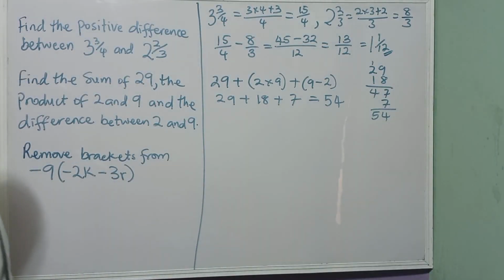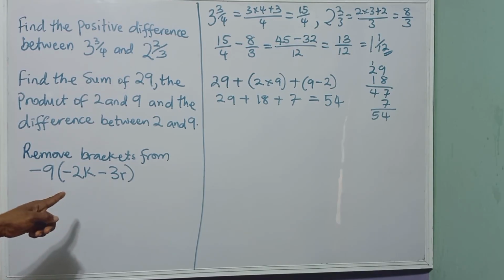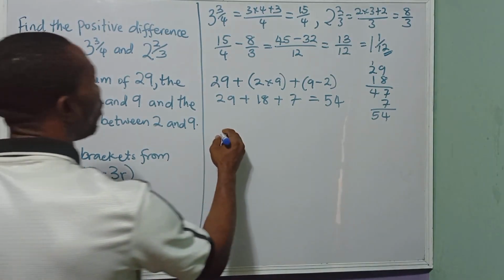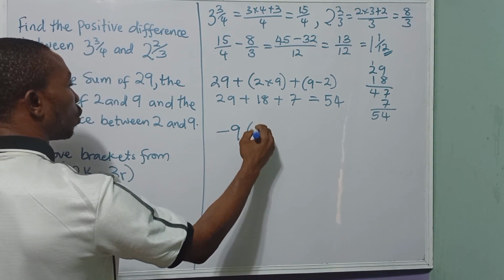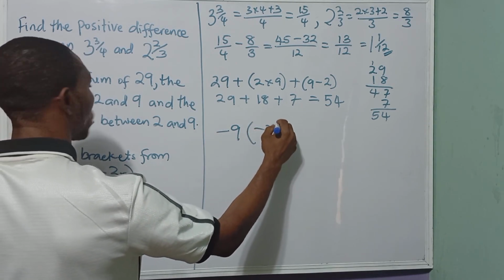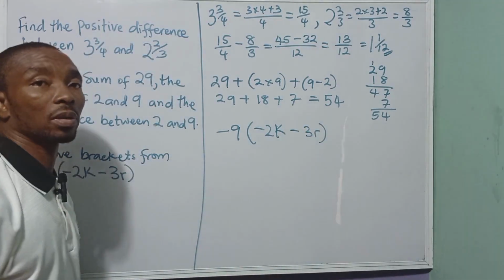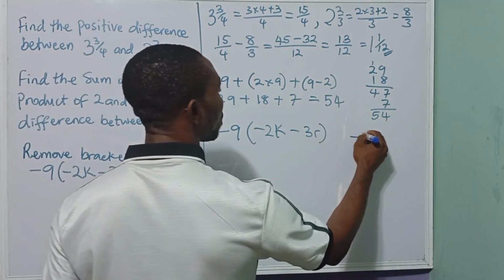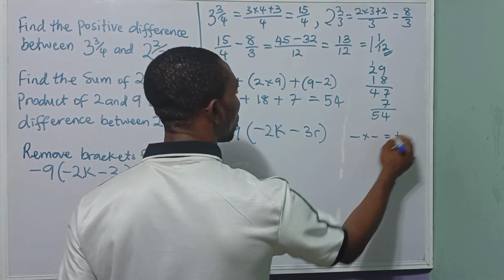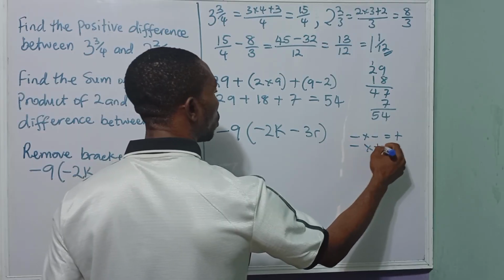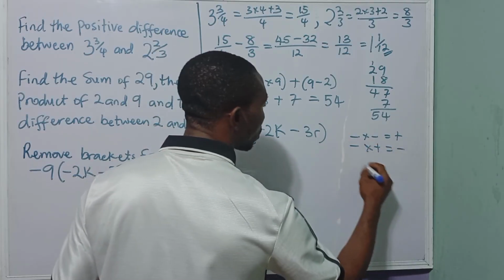Now to our third question, it says remove brackets from minus 9 bracket open minus 2k minus 3r. Now, it is important to know that minus times minus equals plus, minus times plus equals minus.